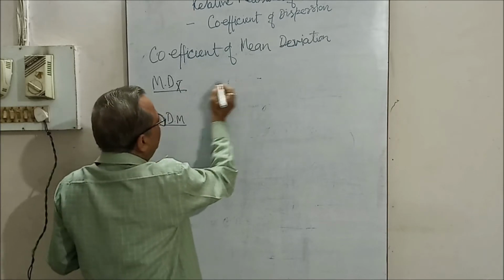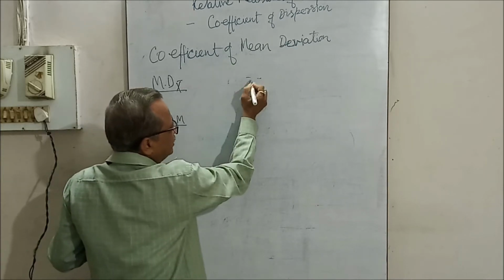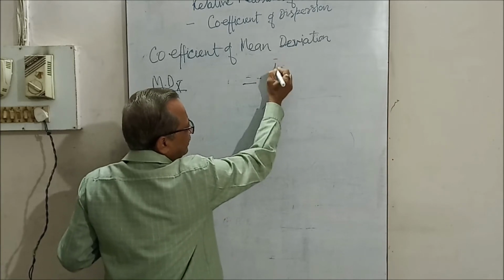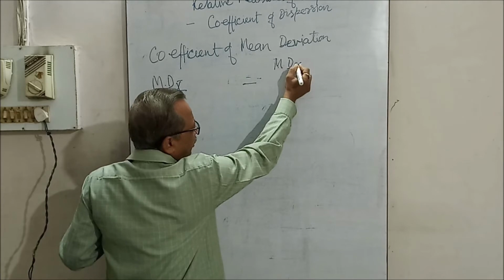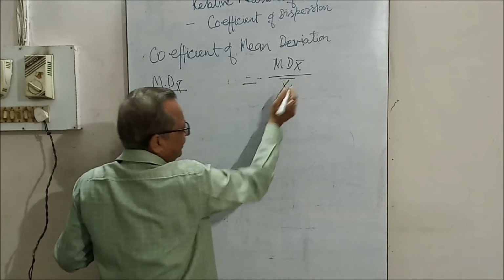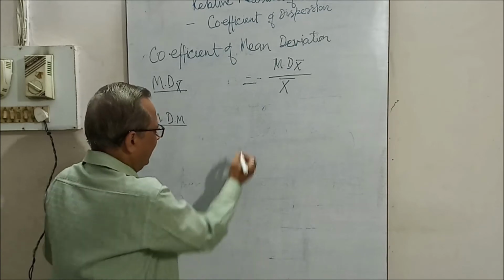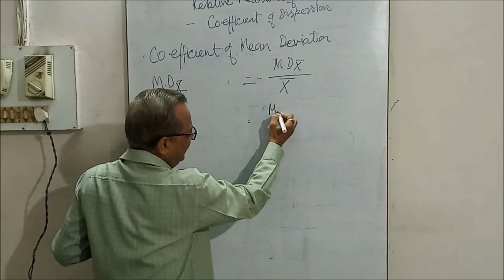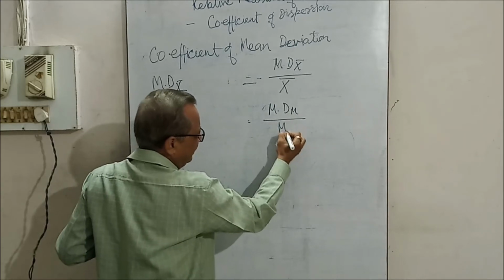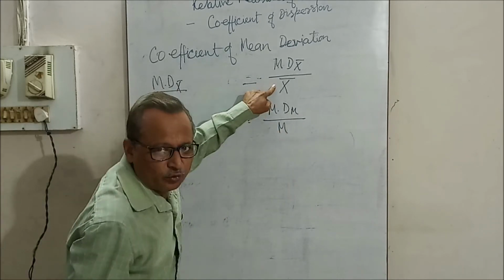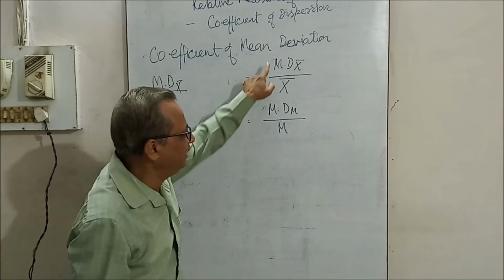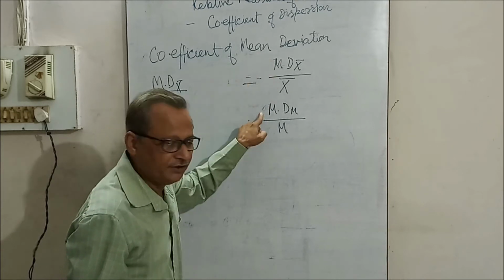Now the coefficient of mean deviation is equal to mean deviation from the mean upon x bar, and mean deviation from the median upon the median. The average you have calculated, the median you have calculated, from them you ascertain the mean deviation from the mean and the mean deviation from the median.